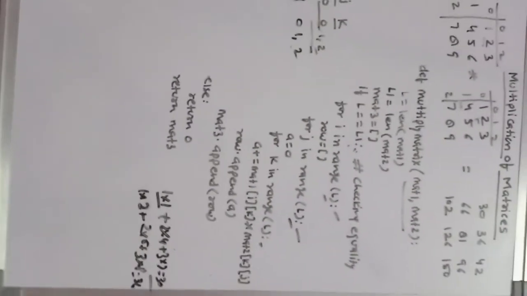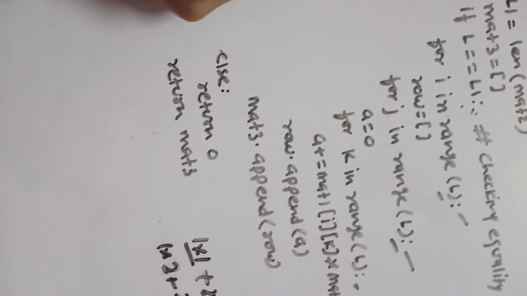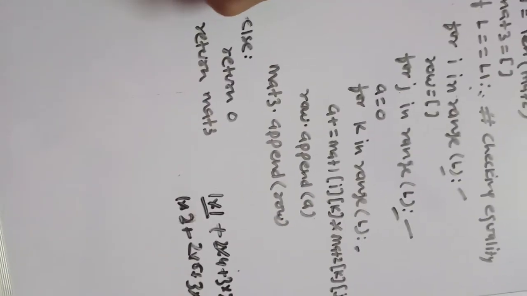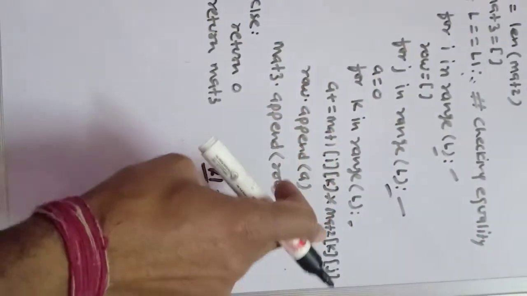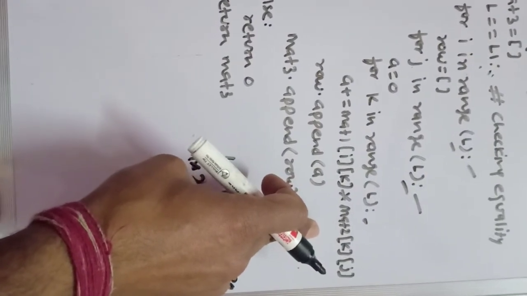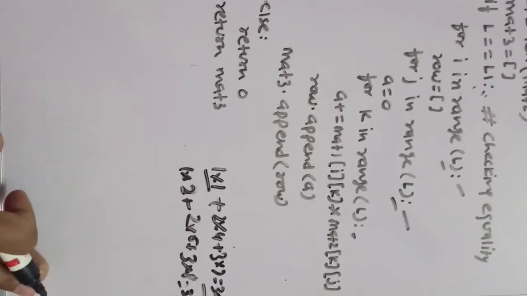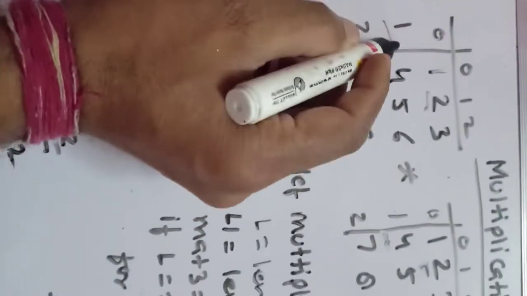What will happen when the value of I is changed? Now I is 1. J becomes 0 again. K is again rotated 0, 1, 2. When this statement executes again, IK means 1, 0. When 1, 0 is written, the value 4 is placed.